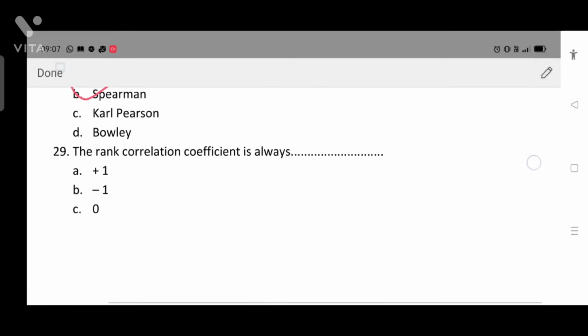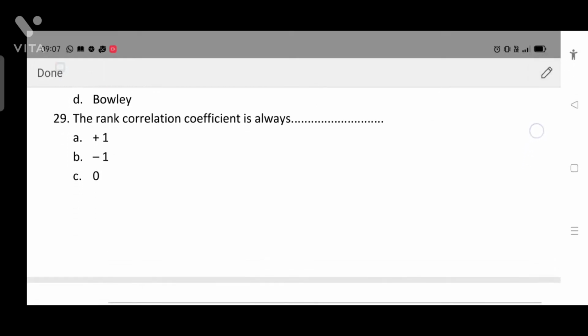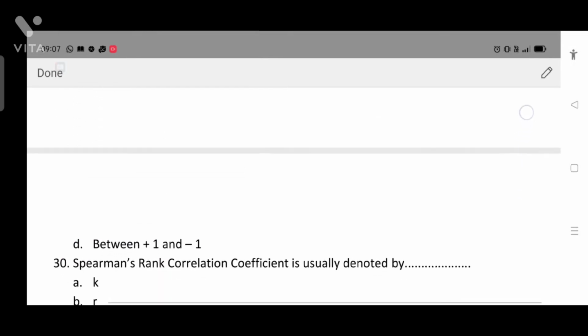The rank correlation coefficient is always A, B, C, D. Answer D, between +1 and -1. That means positive 1 and negative 1.